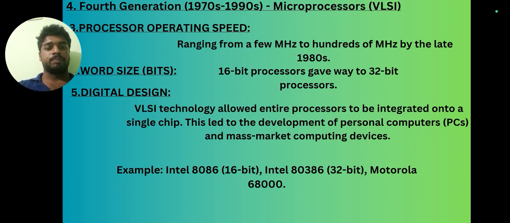The design: VLSI technology allowed entire processors to be integrated onto a single chip. This led to the development of personal computers and mass market computing devices. Examples of this generation are Intel 8086 16-bit, Intel 80386 32-bit, and Motorola 68000.